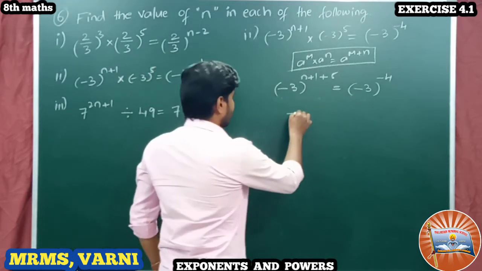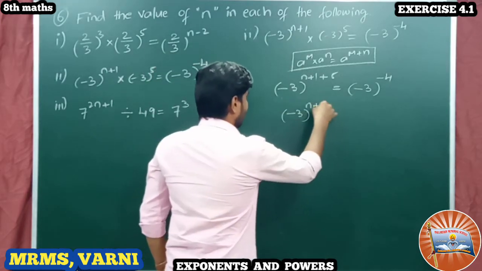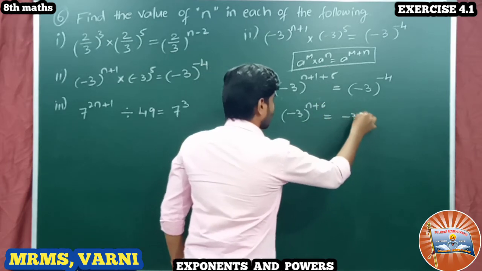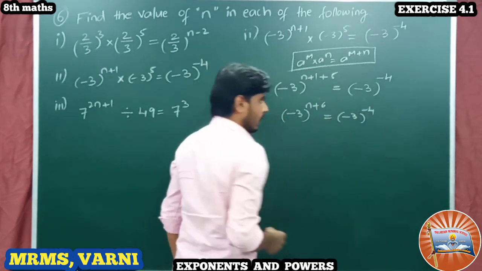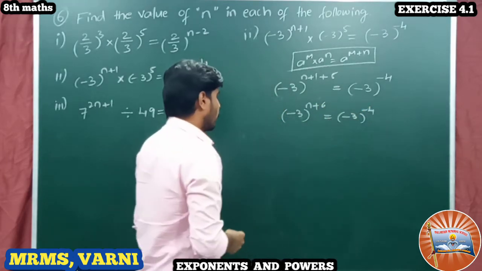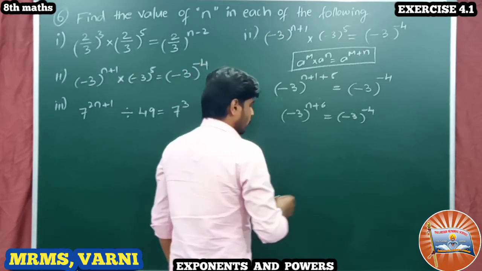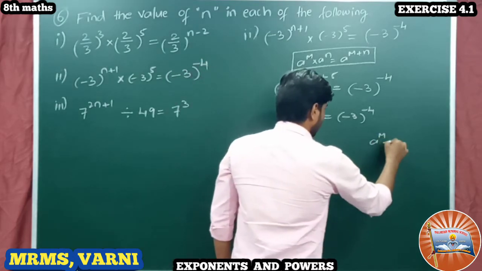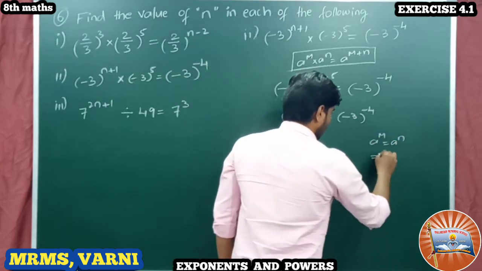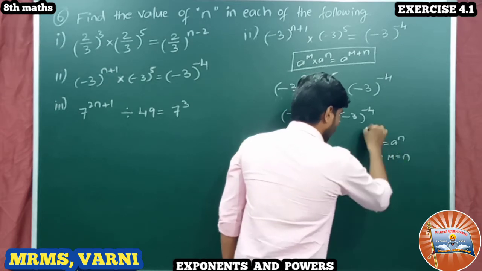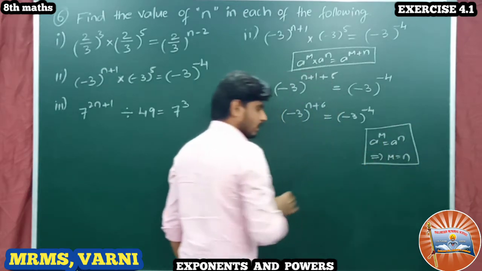So it becomes (−3)^(n+6) = (−3)^(−4). Okay, right. Now what becomes? So we have one more formula here: a^m = a^n implies m = n, isn't it?